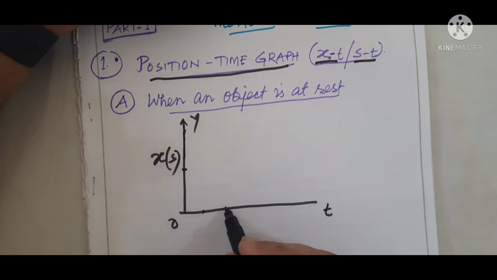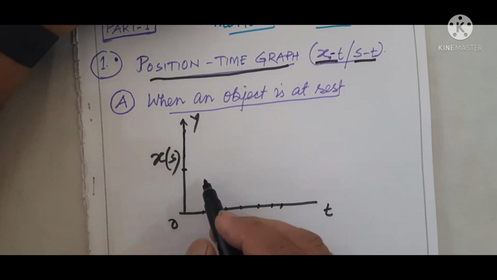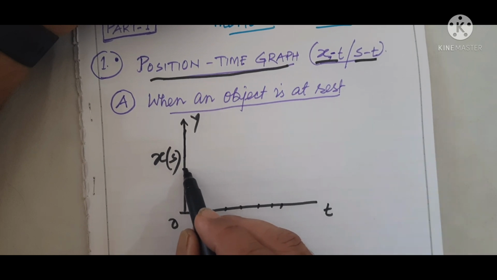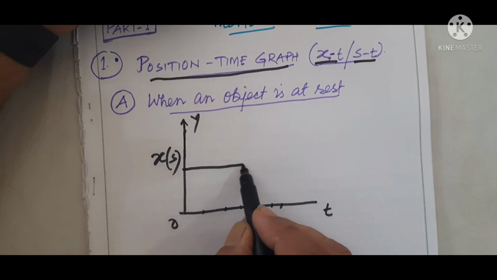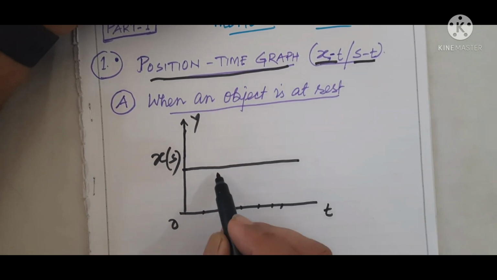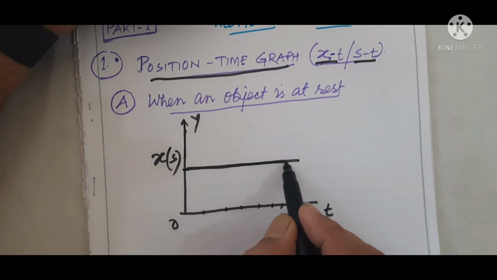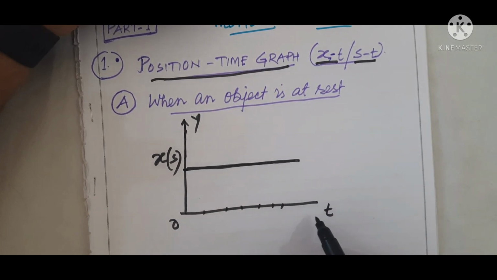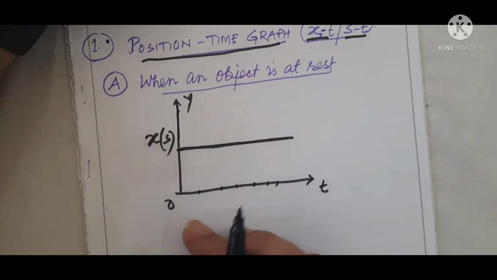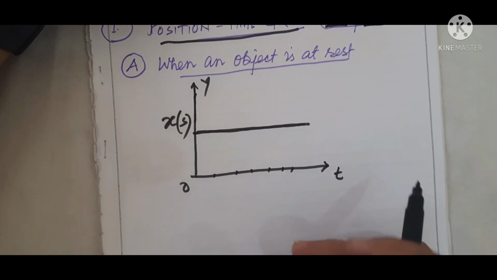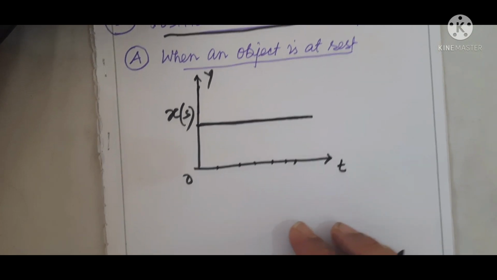So here the time axis is there, time is increasing but distance is not increasing. So the nature of the graph is like that. A line which is parallel to the x-axis, parallel to the time axis. That should be the case when the object is at rest.